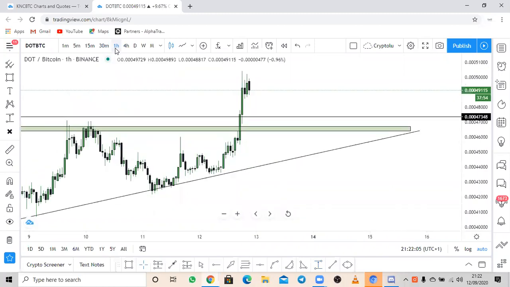Okay, so Okoyemi asked, for the DOTBTC, would it be nice to wait for a retest for anyone who intends to join? I would not advise waiting for a retest, but if you are that patient, I would advise entering from here. Let me check the 15 minutes chart.